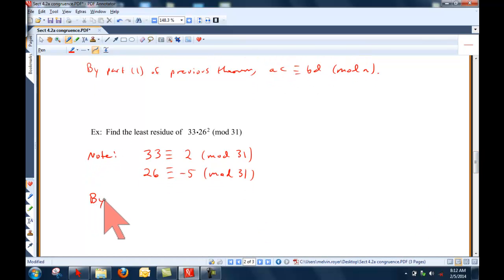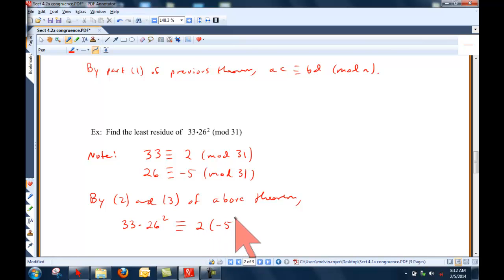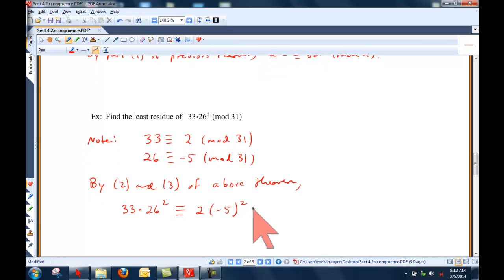And then by 2 and 3 of the above theorem, what I'm supposed to compute, 33 times 26 squared mod 31, is going to be congruent to 2 times negative 5 squared. And that's, if I'm working by hand, much friendlier.